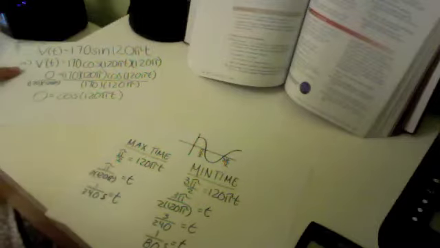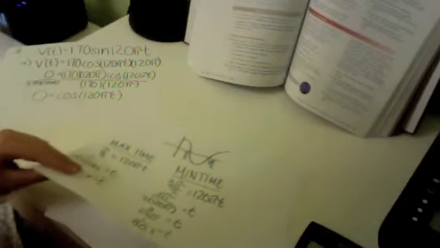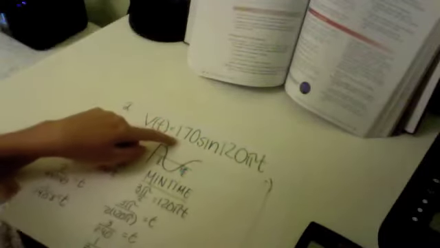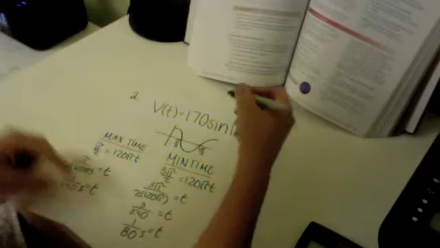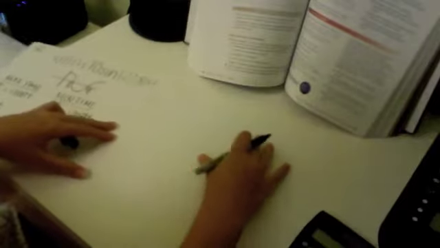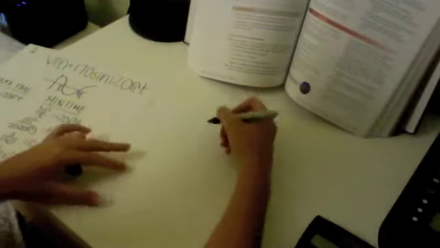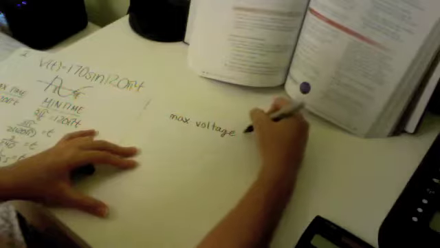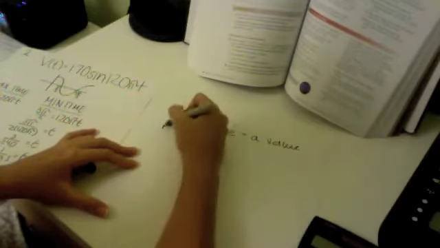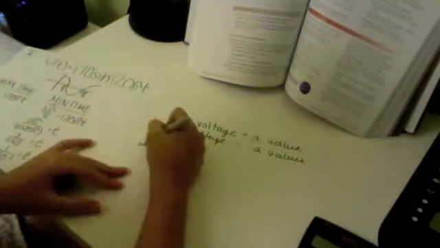Due to the fact that our a value in our equation is 170, we know that that is the max and minimum voltage. So the max voltage is equal to the A value, and the minimum voltage is equal to the negative A value.